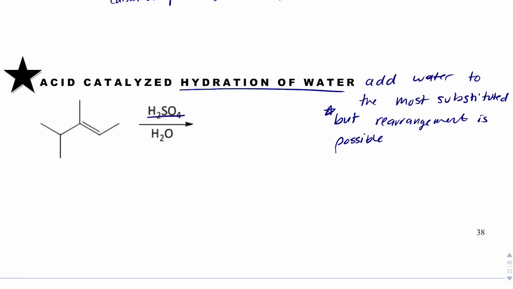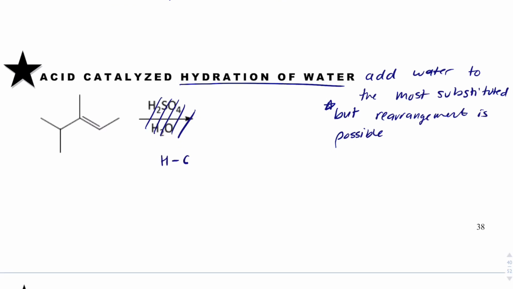When you dissolve sulfuric acid in water, if you look at the pKa's, the pKa of hydronium, the product here, is much higher than the pKa of H2SO4. And so if we take sulfuric acid dissolved in water, I like to cross them out and just show that we form hydronium.